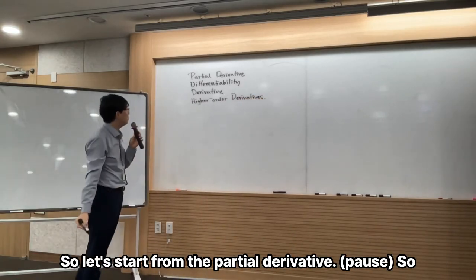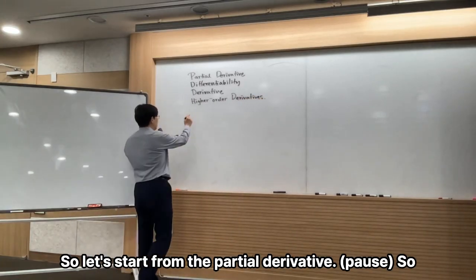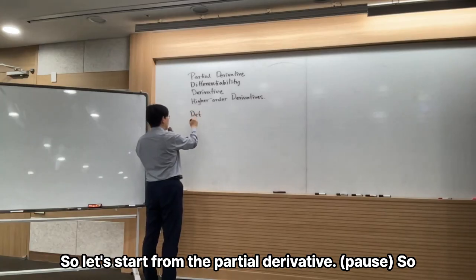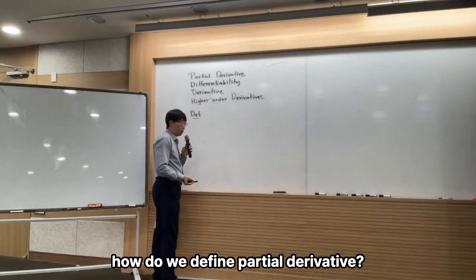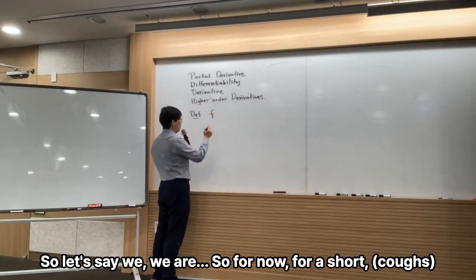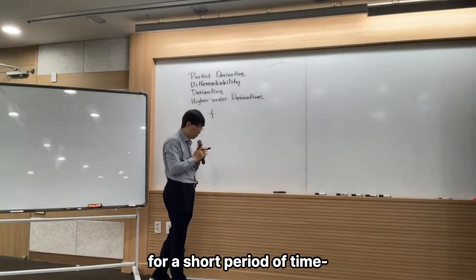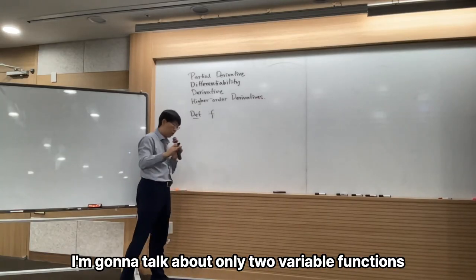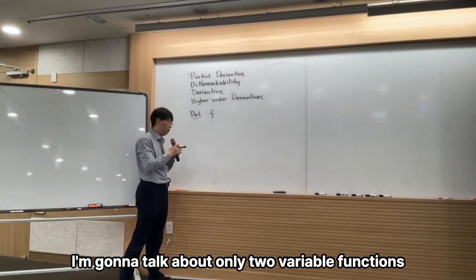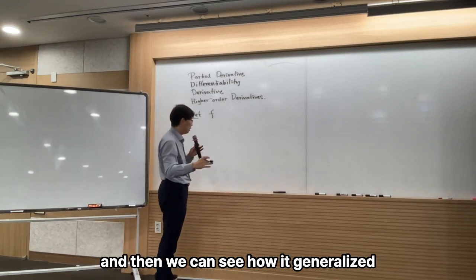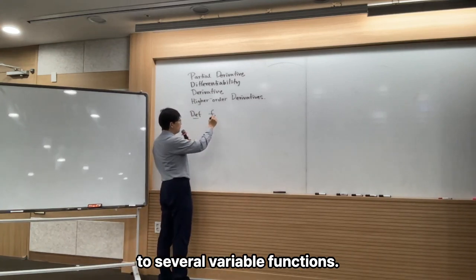Okay, so let's start from the partial derivative. So how do we define partial derivative? From now, for a short period of time, I'm going to talk about only two variable functions, and then we can see how it's generalized to several variable functions.